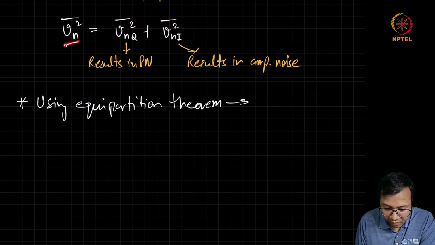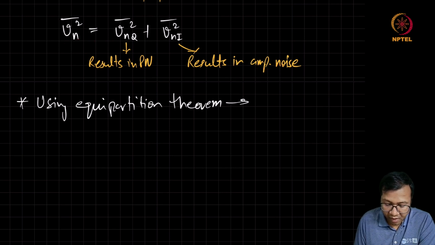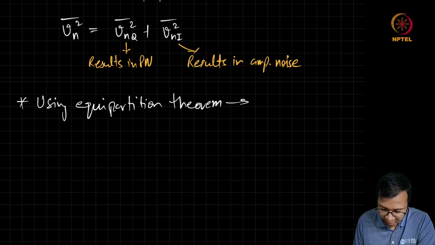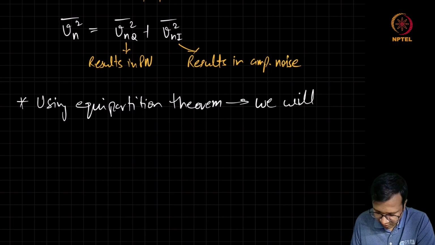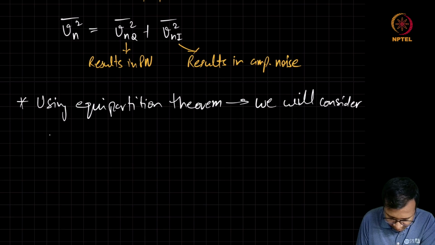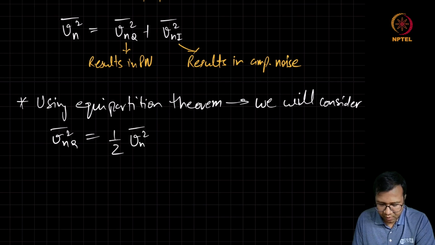Since the additive noise can only result in these two components, we will just say that half of the power is in the phase noise, half of the power is in the amplitude noise. We will consider V_nQ square to be equal to half of V_n square.